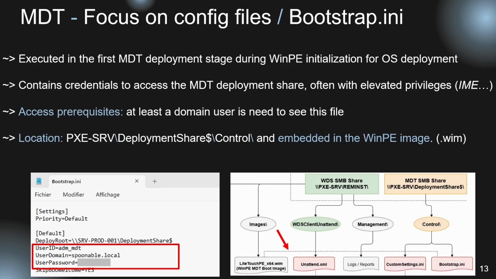And take a closer look at the schema. You have the bootstrap.ini that is embedded, nested into the LightTouch. So you don't really need to have an admin account, a local admin account, to have access to this file.